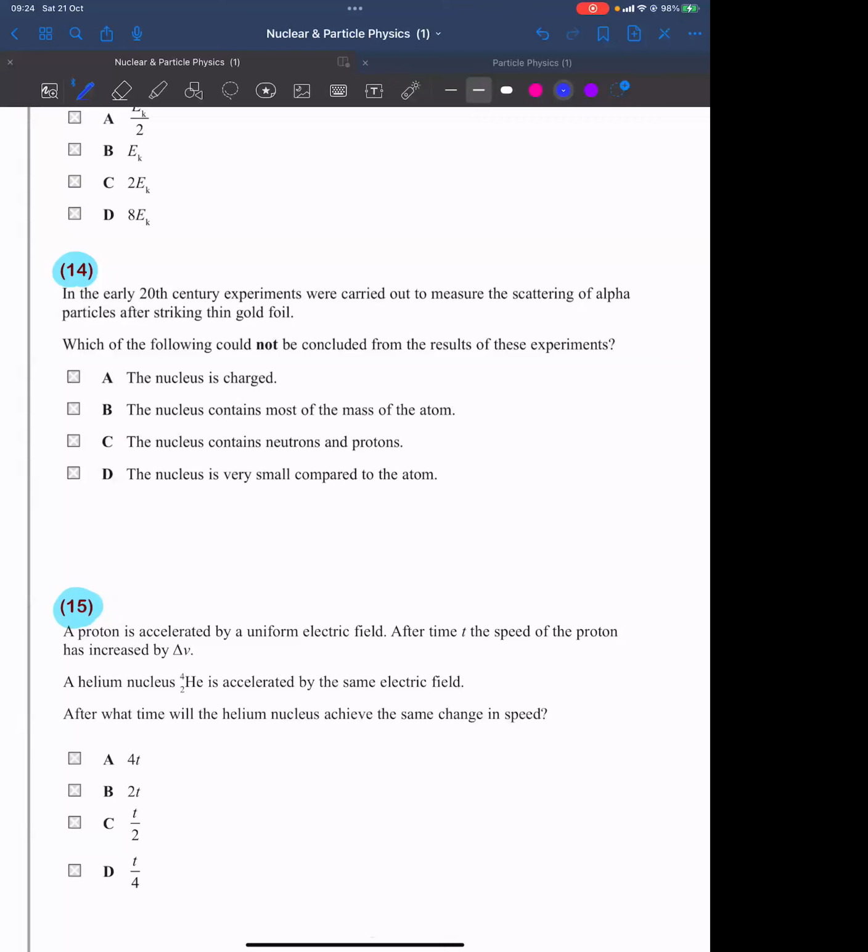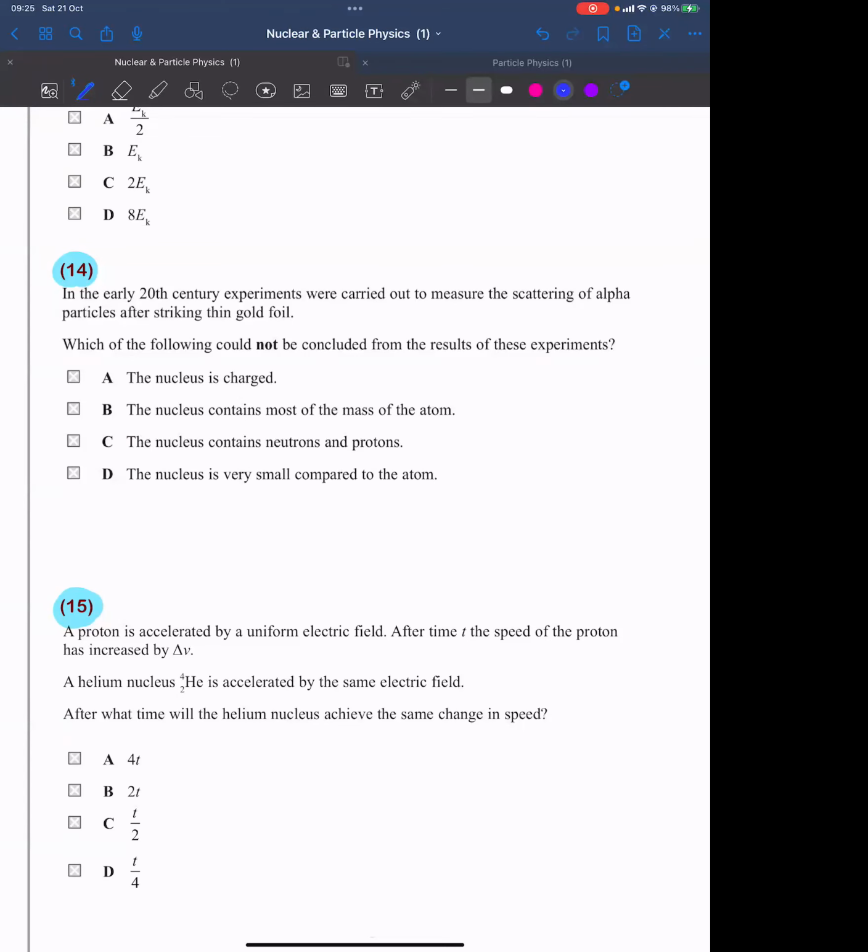14th one. In the early 20th century, experiments were carried out to measure the scattering of alpha particles after striking thin gold foil.